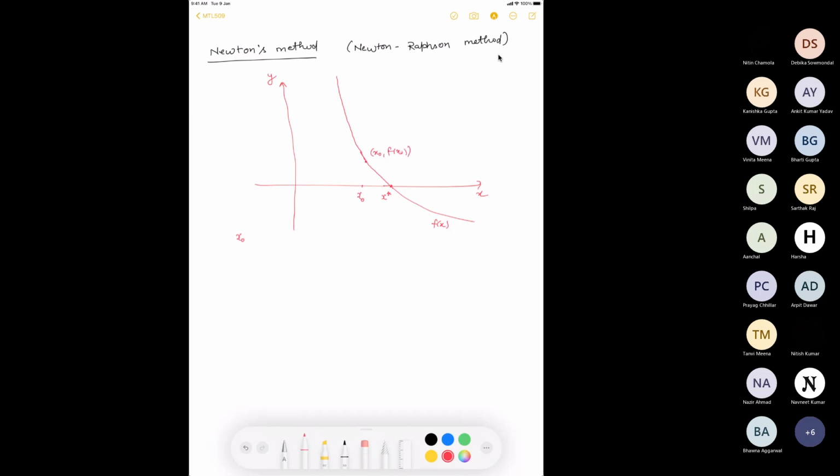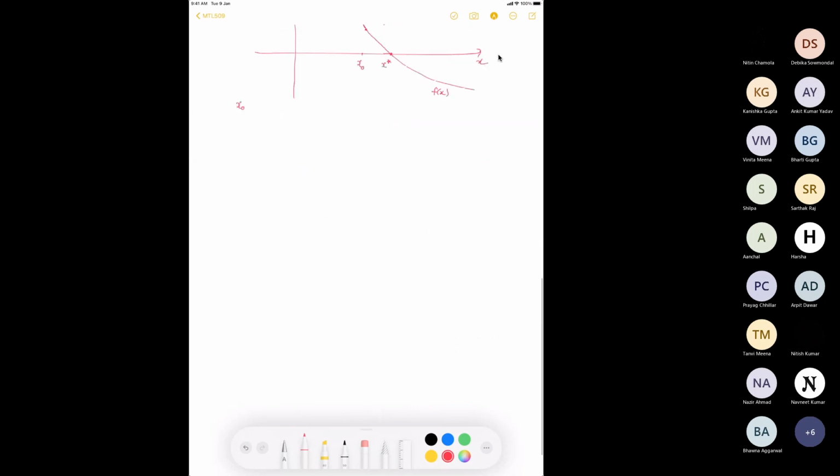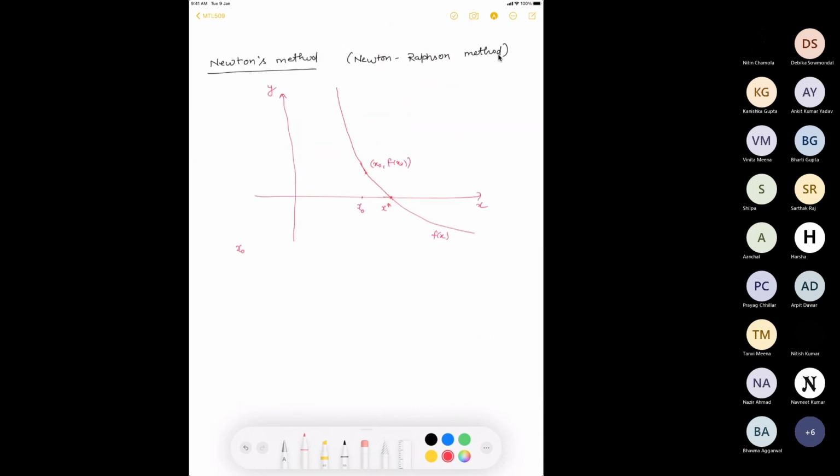So assuming that this x naught is sufficiently close to x star, I'm going to consider that my f(x) can be approximated by the tangent line at this point, at x naught, f(x naught).